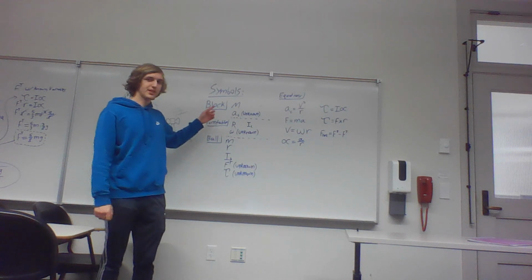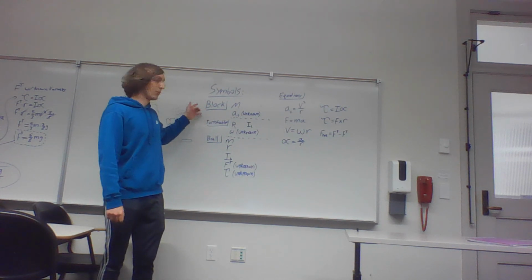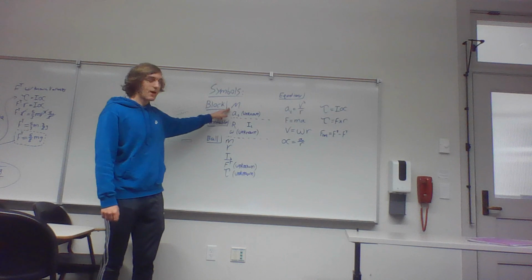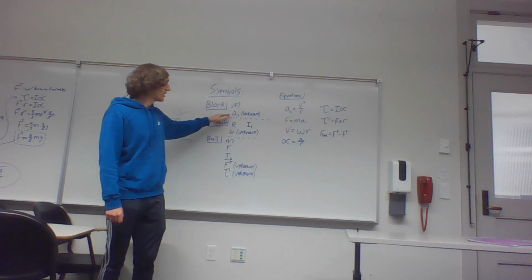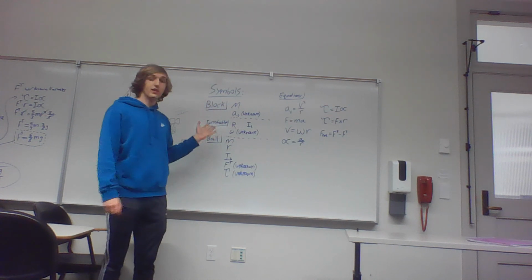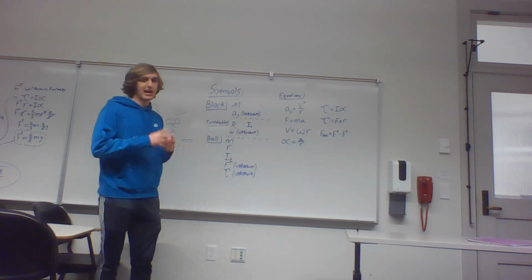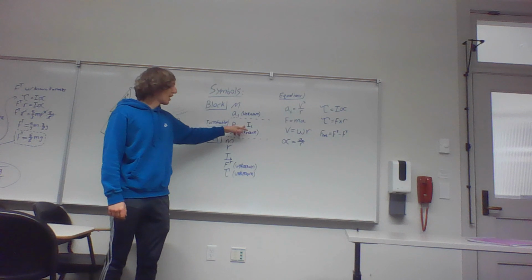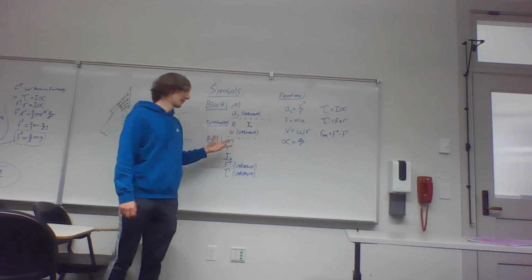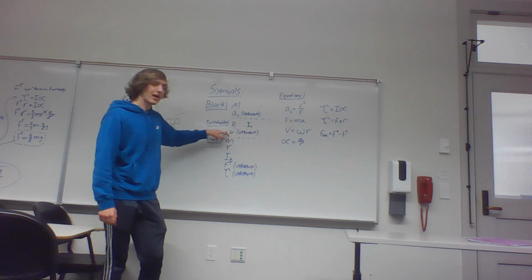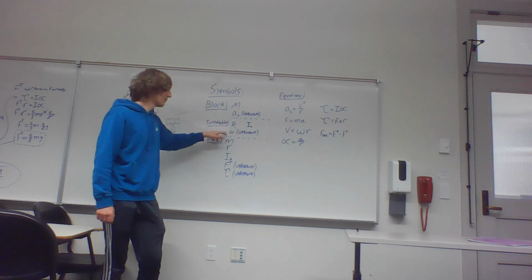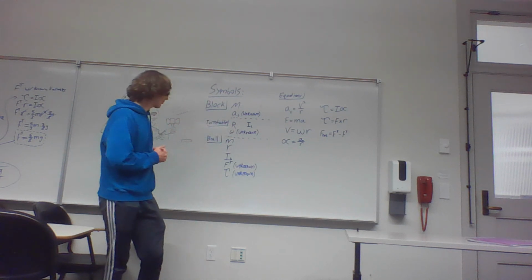The symbols we're going to be using in this project are, for the block, mass M and centripetal acceleration a, which is currently unknown to us. For the turntable, we have symbols R for the radius, I for the moment of inertia of the turntable as it spins, and omega for the angular speed, which is also unknown.